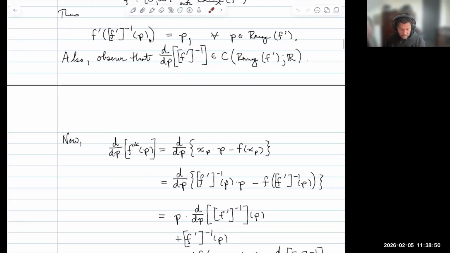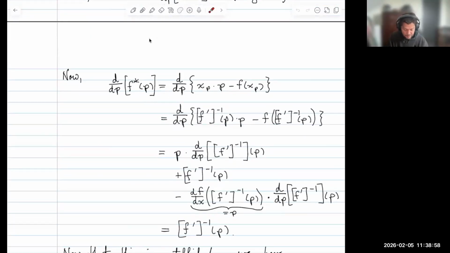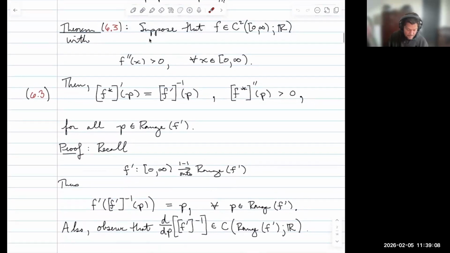Furthermore, we can come up with a formula for this guy. It's not too hard. Let's see if all this makes sense. So let's take the p derivative. Set this information aside for a moment. We're going to try to show that these two objects are the same.